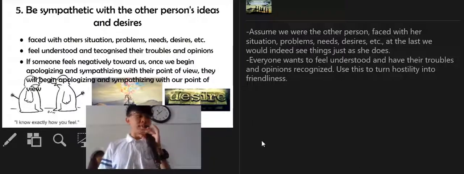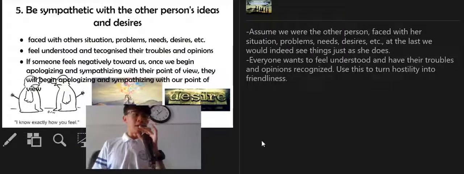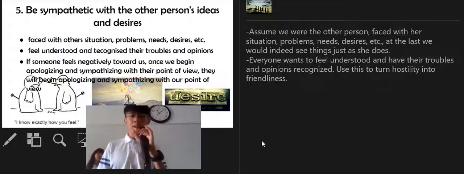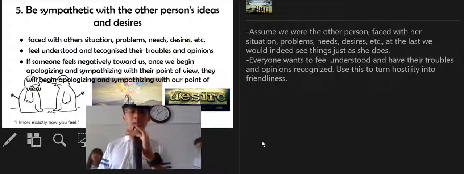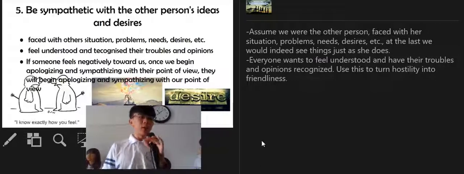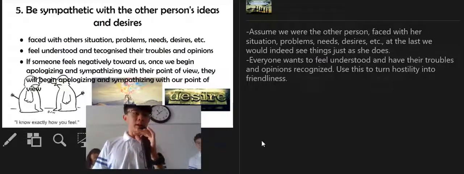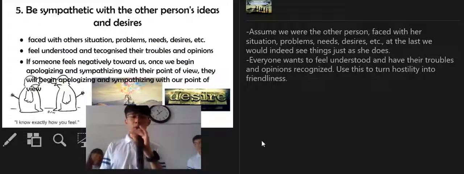The last one is to be sympathetic with the other person's ideas and desires. Assume we were the other person, faced with her situation, problems, needs, and desires. In the end, we would indeed see things just as he does. Everyone wants to feel understood and have their trouble and opinion recognized.